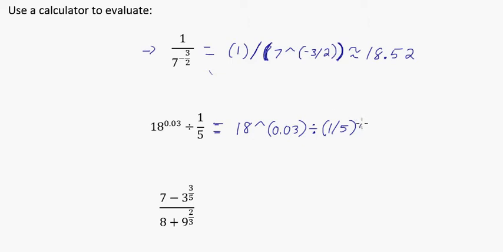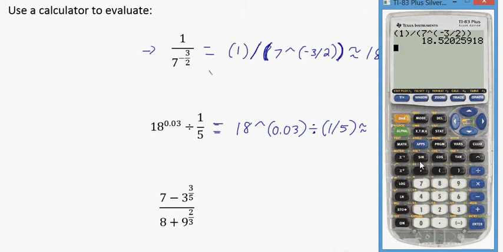Okay, let's type this in and see what it's approximately equal to. We have 18 raised to the 0.03 close parentheses, and this right here tells the calculator exactly what the exponent is, and closing off this parentheses tells me that I'm finished with the exponents.